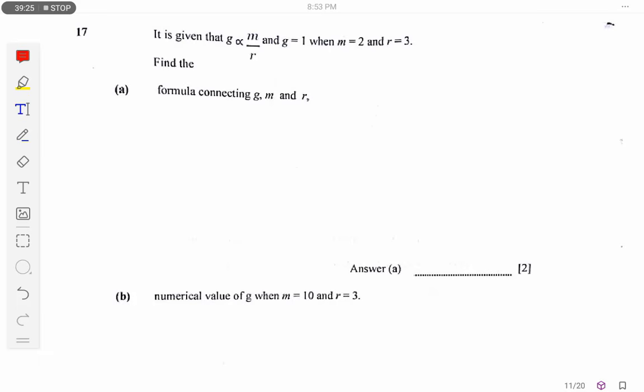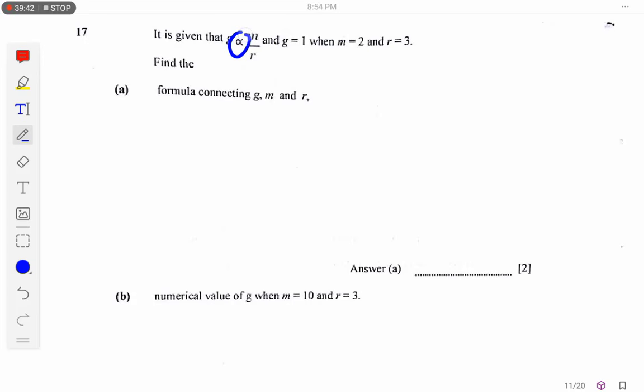Number 17 is saying it is given that G is proportional to M over R. We are already given the relationship there. So the idea is now for us to find the value of the constant.